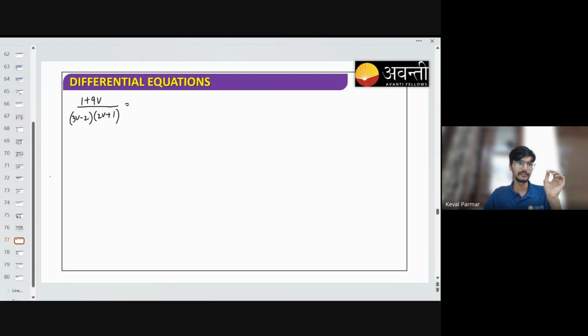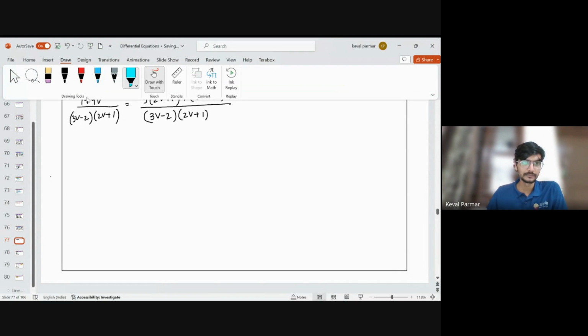So what we did is, see, I'll multiply this with 3. So I'll get 3 into 2v plus 1, which gives 6v plus 3v minus 2 upon 3v minus 2 into 2v plus 1. 6, 7, 8, 9v, 3 minus 2, 1. See, this is exactly the same. I can adjust the numerator like this.